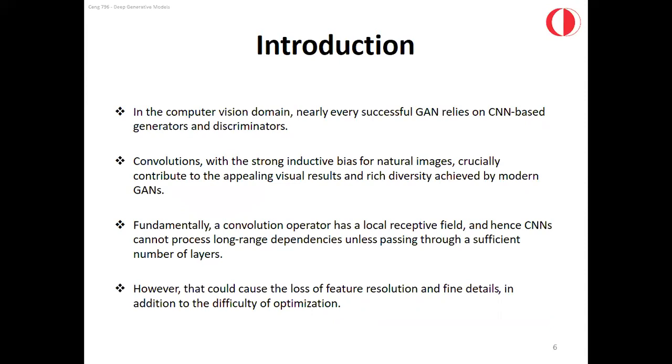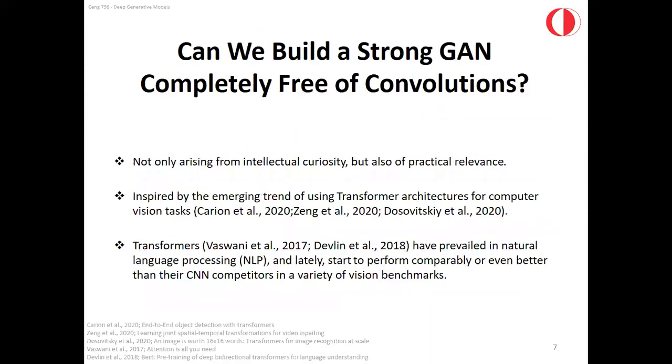Fundamentally, a convolution operator has a local receptive field, and hence convolutional nets cannot process long-range dependencies unless passing through a sufficient number of layers. That causes the loss of feature resolution and fine details when generating the images or samples, and it's hard to optimize.